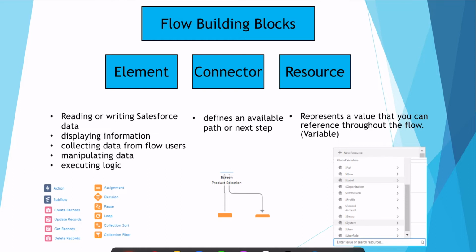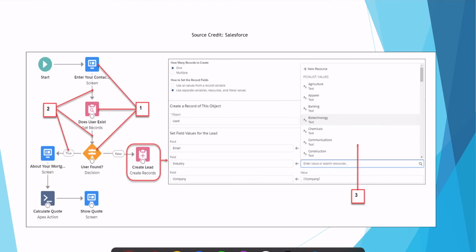If we talk about connectors, they basically define the path of the flow, where the execution will go. If we see here, these are the connectors. These connectors decide where the flow will go. Like if we start from here, enter screen, then does user exist. This is the SOQL or Get Records element that we are using to get records.